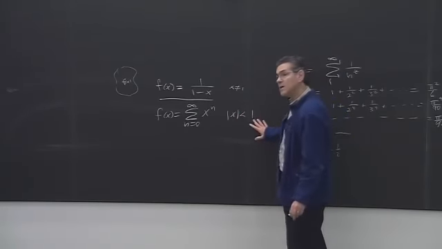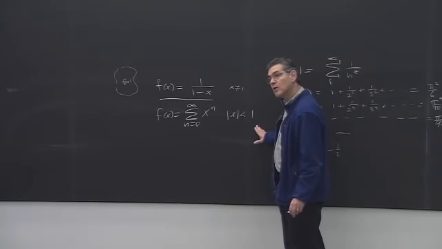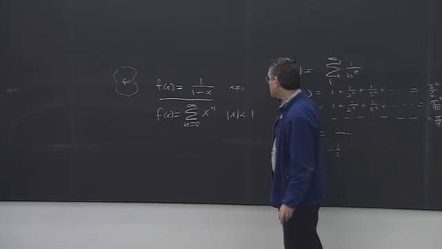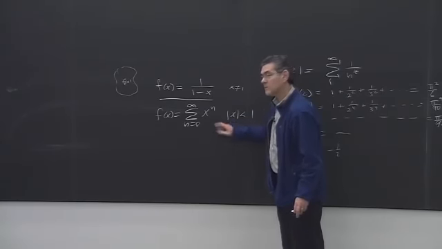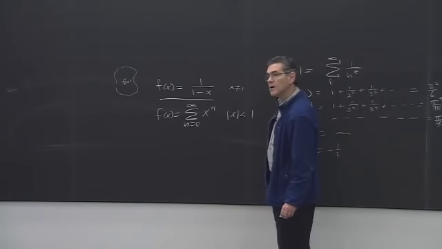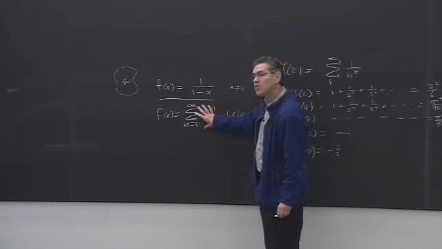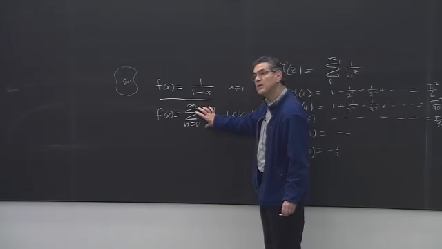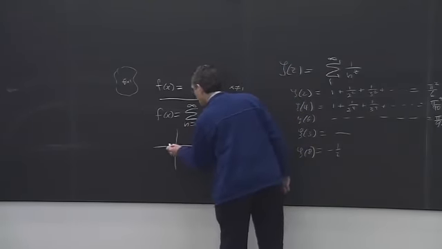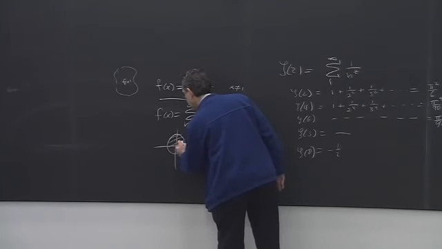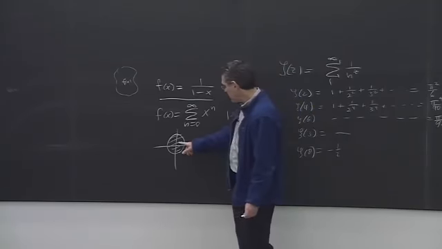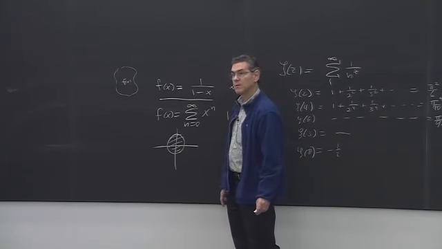If x should be 1 in absolute value or more, that's it. That's the series representation. So this representation only works for a limited number of values of x. Here is the whole complex plane, but this representation is only valid inside, not on the rim, but inside this circle of radius 1.